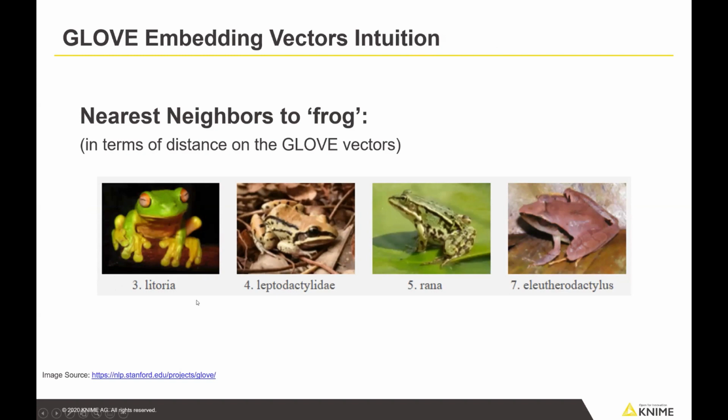I'm not a biologist, but if you Google this, you can find out that these are the scientific names of other types of frogs. So words that correspond to some kind of frog are placed next to each other in this vector space. So this vector space indeed seems to encode the semantics of our words. This is exactly what we need.